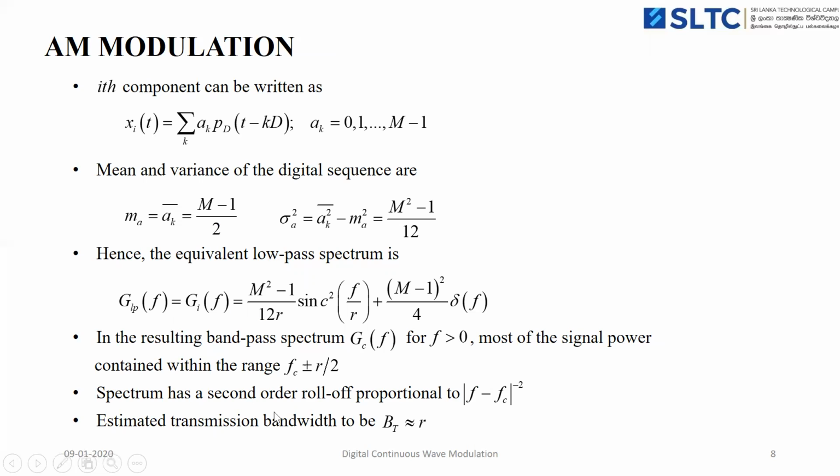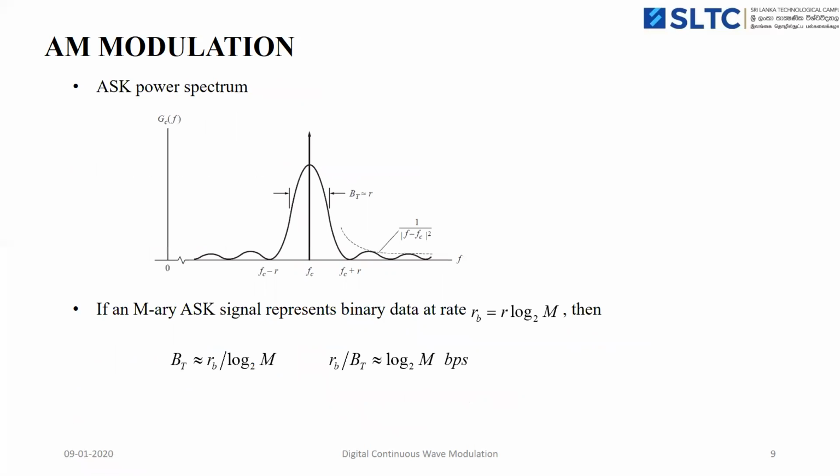The estimated bandwidth Bt is approximately equal to R, where R is the input rate. This waveform shows the ASK power spectrum. The x-axis is frequency, the y-axis is magnitude, and the bandwidth Bt equals R, with the range fc minus R to fc plus R.